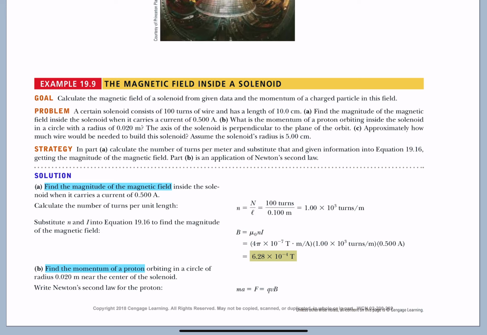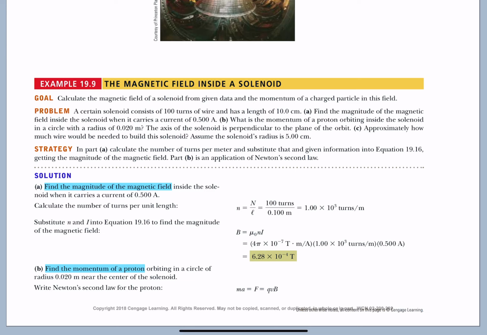And incidentally, this is a common mistake students make on a test, is forgetting that lowercase n is the number of turns of wire, capital N, divided by L, the length of the wire. Notice that your answer is in Tesla, which is the one way to measure the strength of a magnetic field.